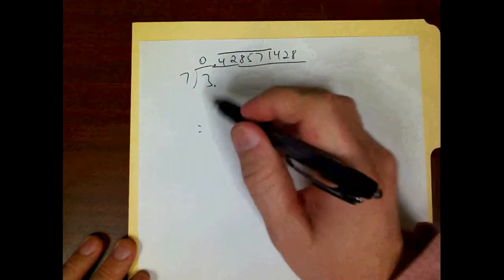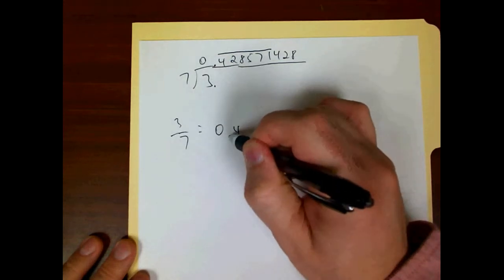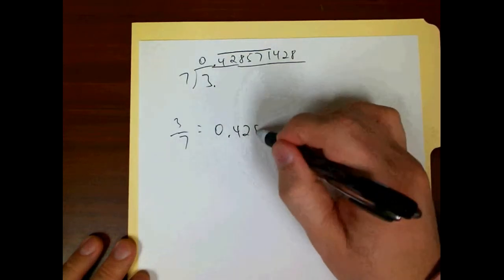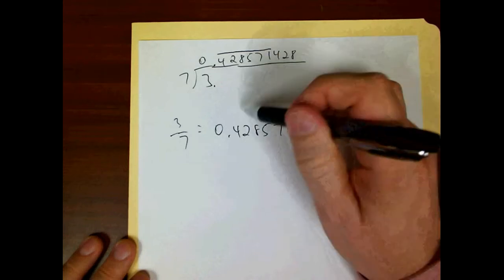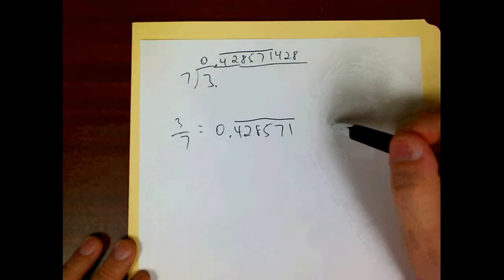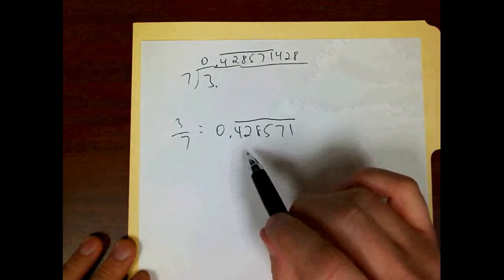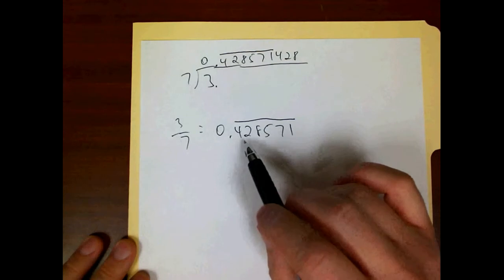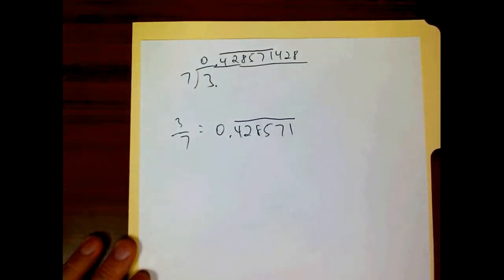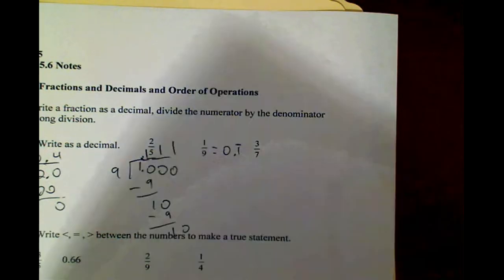So therefore 3 over 7, represented as a repeated decimal, will be as such. Because the 4, 2, 8, 5, 7, 1 will keep on repeating over and over again. So I only need it over these digits. 4, 2, 8, 5, 7, 1. Did you catch it? Let's do one more.